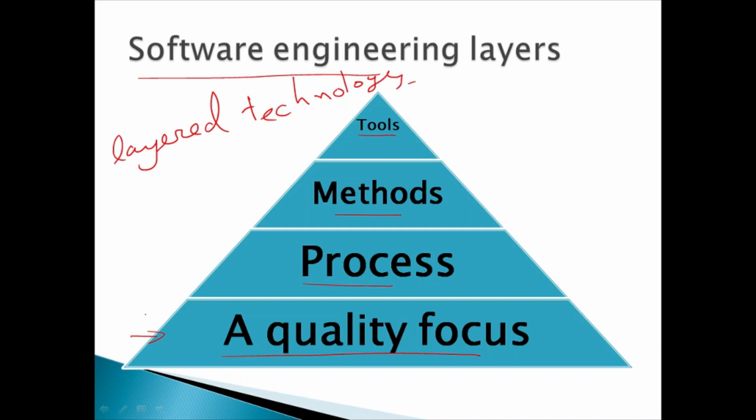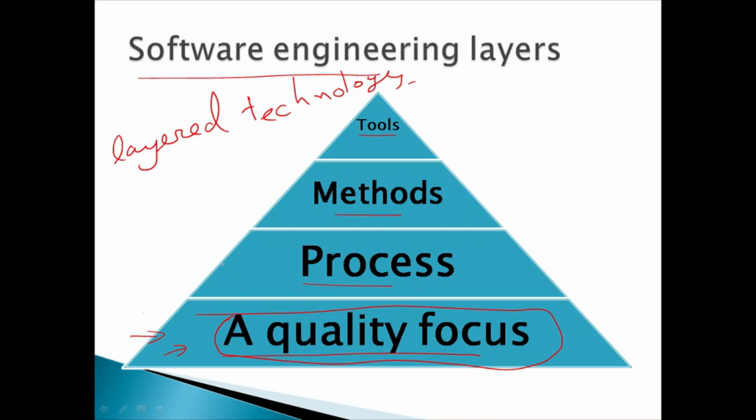The bedrock that supports software engineering is a quality focus. So a continuous process improvement culture ultimately leads to the development of increasingly more effective approaches to software engineering. So at the bottom, we rely on the quality focus.